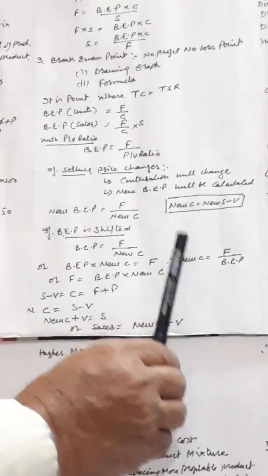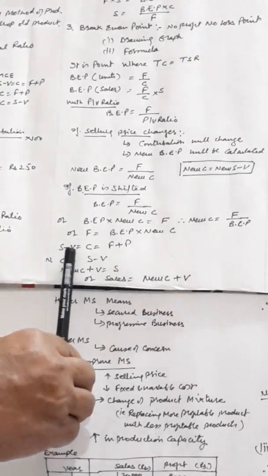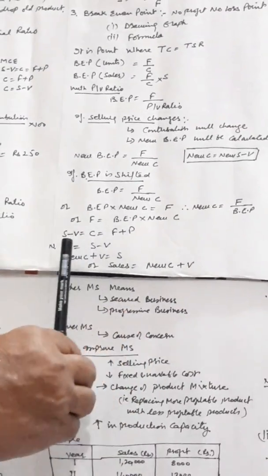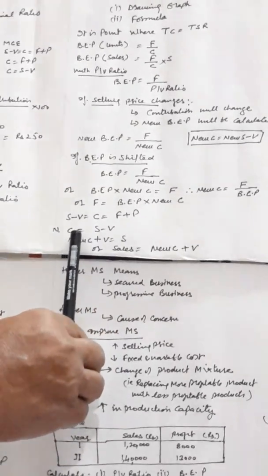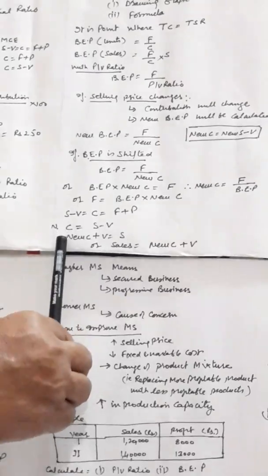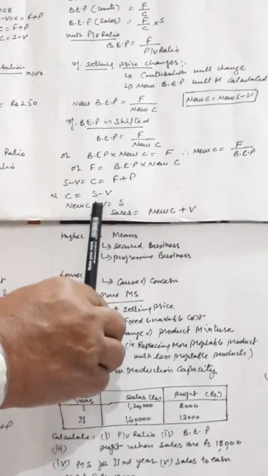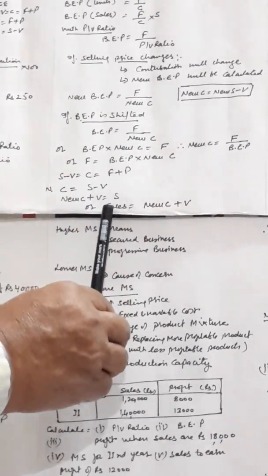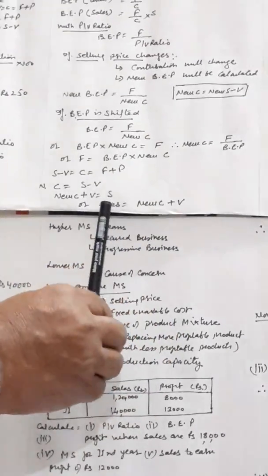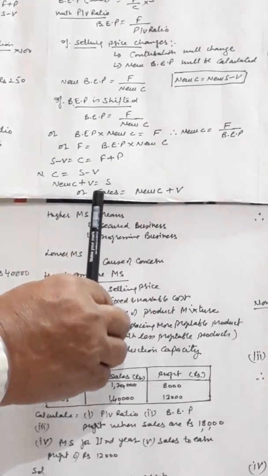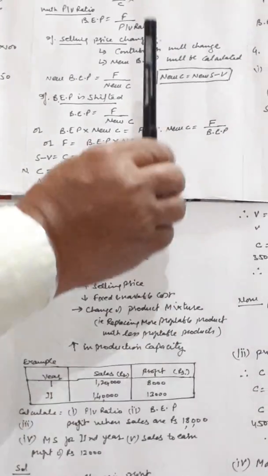When we calculate new contribution, we will write down the marginal cost equation: S minus V is equal to C is equal to F plus P. By taking the left hand side of the marginal cost equation, C is equal to S minus V, where C here means new contribution. New contribution plus variable cost is equal to sales. The new formula which emerges is sales is equal to new contribution plus variable cost.